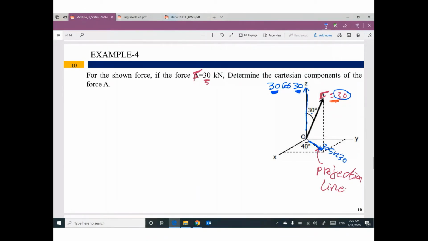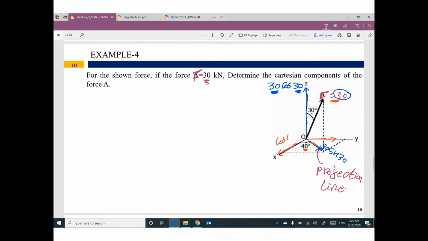Second step, we need to break the projection line to two components, one in X and one in Y, with a new angle between the projection line and the X-axis. For example, it's 40. Which one will be cosine? Which will be sine? This component in X will be cosine 40.